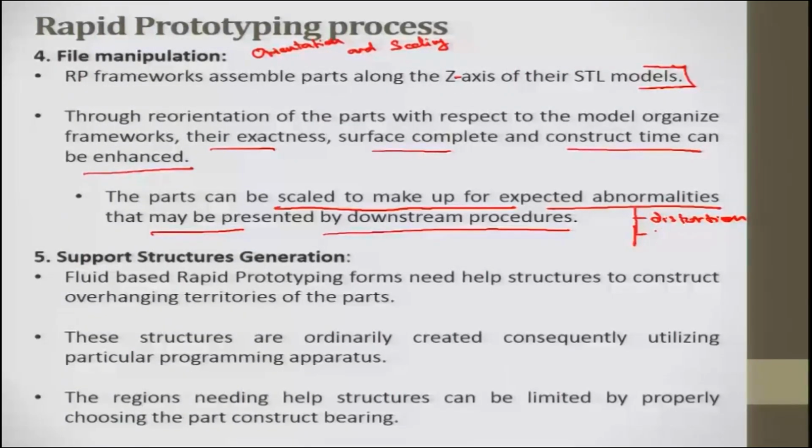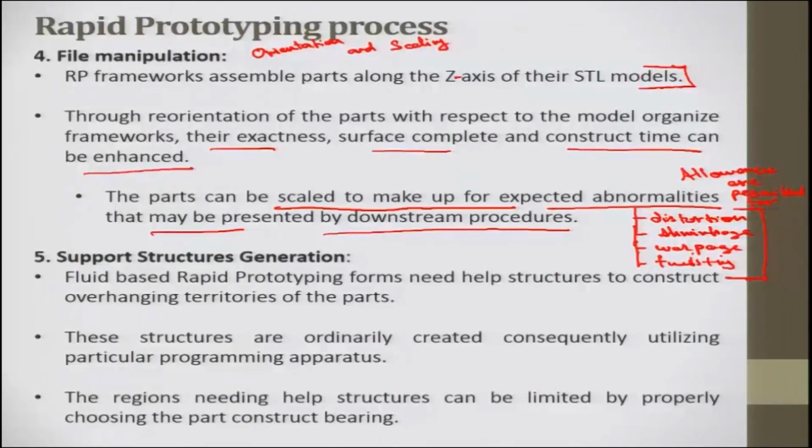Some abnormalities might occur, for example, distortion, then shrinkage, then warpage, then twisting. So this data is scaled, or I would rather say allowances are kept for these abnormalities, so that these defects do not come into play.